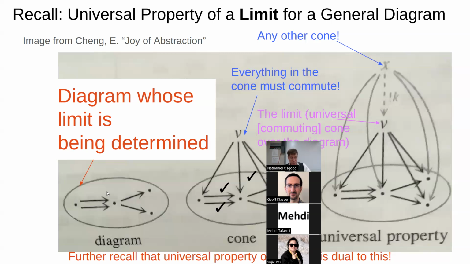So we have some diagram. We have a shape that maps into our category, and we have a cone over it. And this cone is the best cone. But like any cone, it has to make these triangles commute. It's a natural transformation, which is why it has to make it commute.